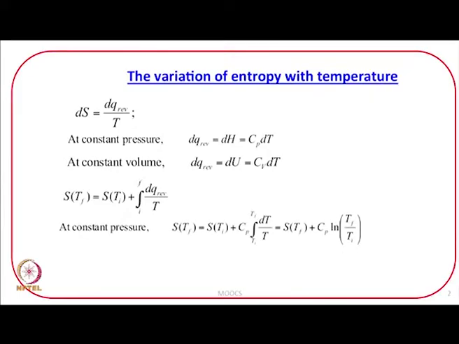Going back to the slides, if heat capacity is independent of temperature, you can always take it out of the integral, then S at Tf is equal to S at Ti plus Cp log Tf by Ti at constant pressure, and in place of Cp it will be Cv, everything else remaining the same, when it is at constant volume. Let us now apply it.